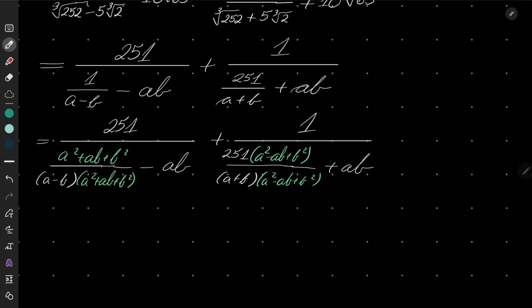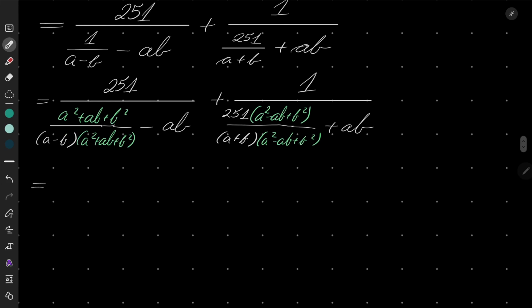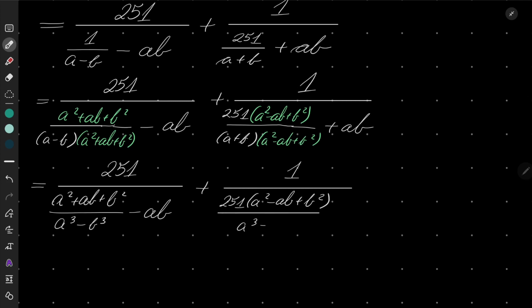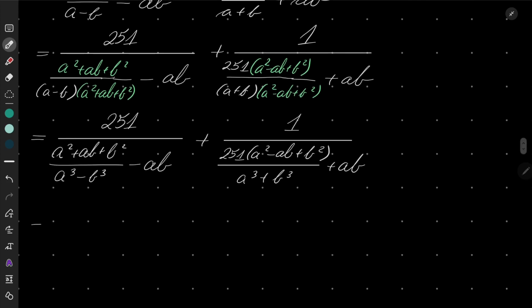And here I have numerator 1. Okay, and now let's see what we get. 251, and in the denominator, we have a squared plus ab plus b squared over a cubed minus b cubed minus a times b. Here we have 1 over 251 times a squared minus ab plus b squared over a cubed plus b cubed plus ab. Very well. And now let's do the following.